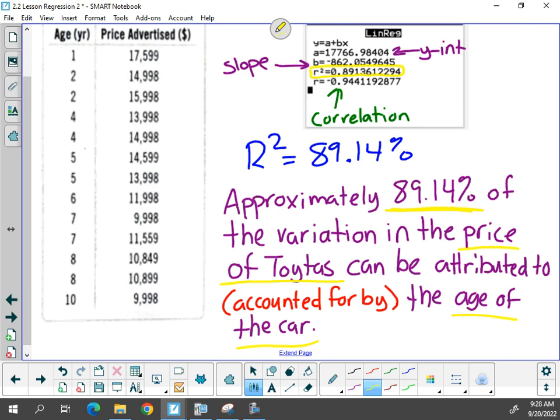So we can sort of plug and play here if that makes this simpler, because sometimes the language of this can get a little tricky. So there's about 11% left over of variation, and what that could be attributed to, we don't exactly know, but that would be things like, was the car in an accident? Does the car have rust because it was owned in a place at one point where there's snow? Were there modifications done on the car? Things like that.